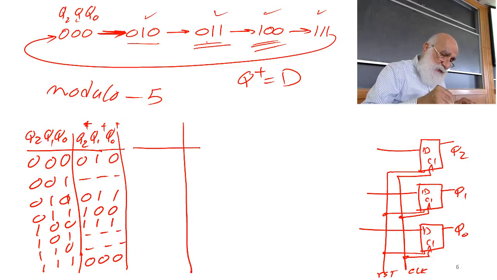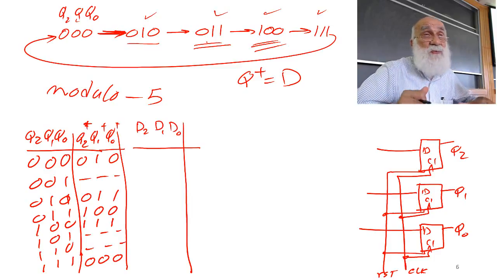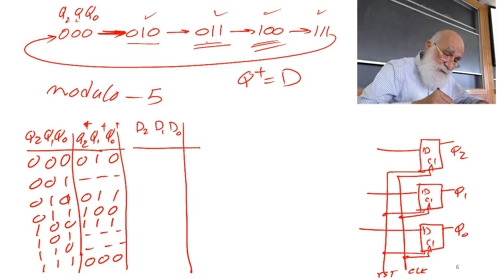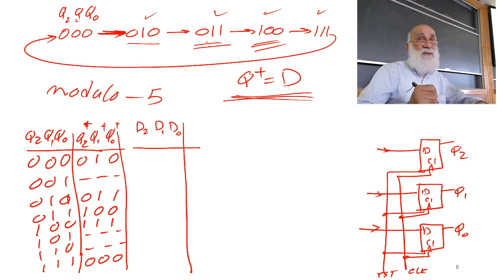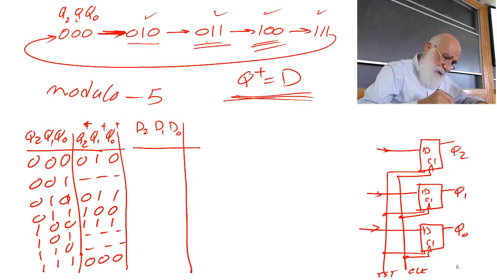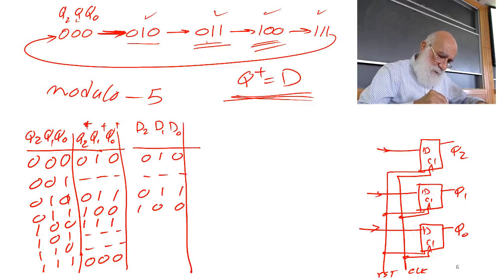Based on Q2, Q1, Q0, the inputs for my D2, D1, D0, these three flip-flops I'm showing on the right-hand side, according to this characteristic equation, they become 0 1 0, 0 1 1, 1 0 0, 1 1 1, and 0 0 0.